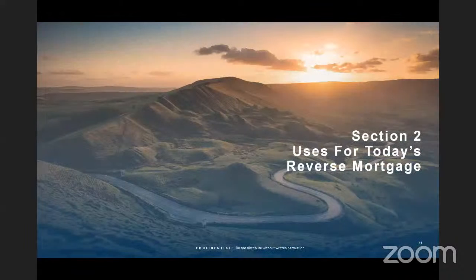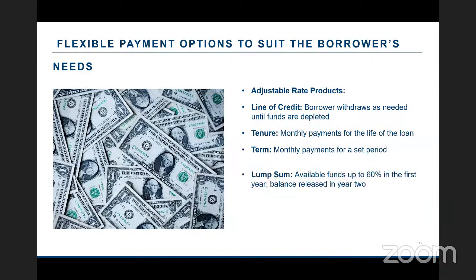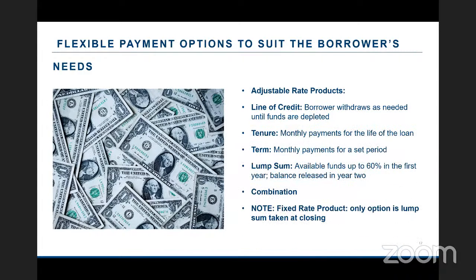Next, we're going to touch on some uses for today's reverse mortgage. There are flexible payment options to suit the borrower's needs. The borrower really does dictate how they want to take the funds on a reverse mortgage. For adjustable rate products, there are a lot of flexible solutions.